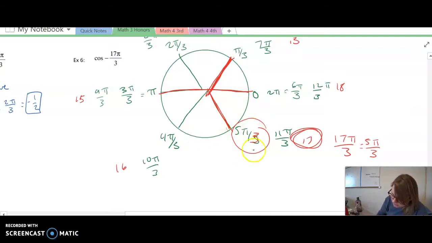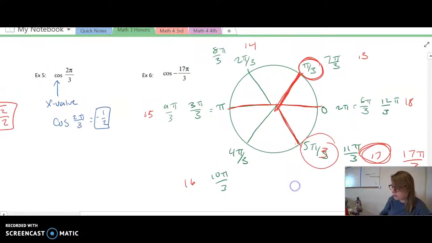So 5/3, when it's negative and we land at 5 over 3, the positive version is on the flip side. So the positive version is pi over 3. Now I could do a whole new unit circle where I go backwards with 17 pi over 3, and I would still get to this part. It would still be the same as pi over 3.